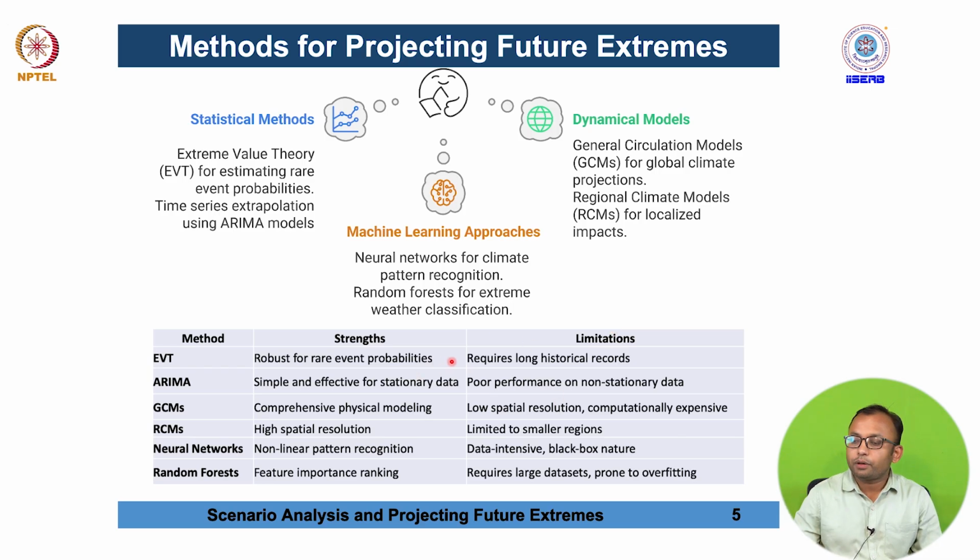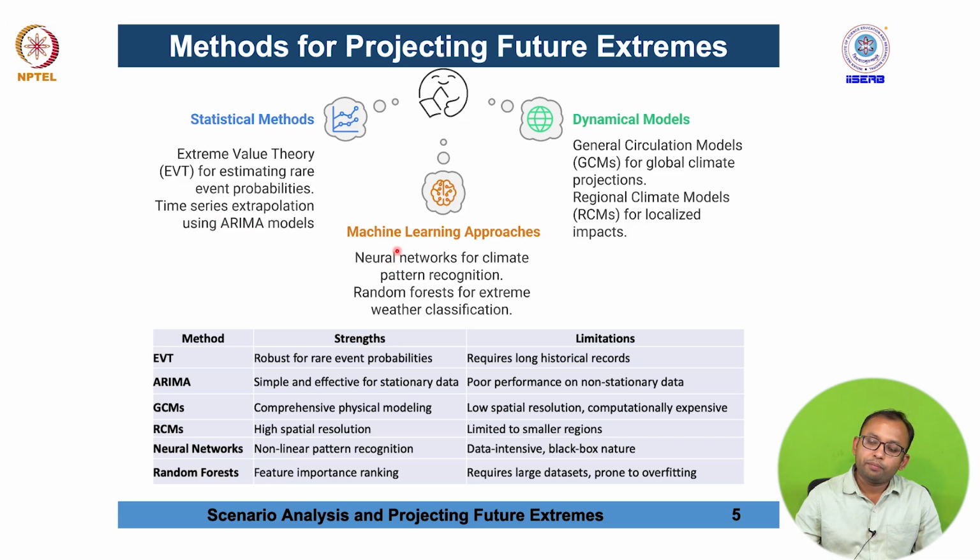What are the methods for projecting future extremes? We talked about statistical models, we talked about machine learning approaches, and there are dynamical models also. In statistical theory, we can talk about time series extrapolation, the ARIMA model, frequency analysis, and extreme value theory applications in time series models.